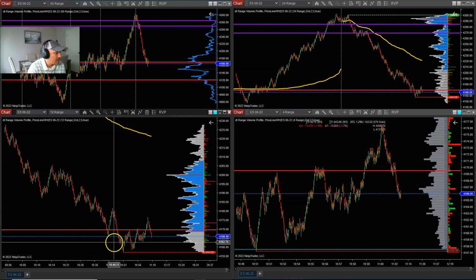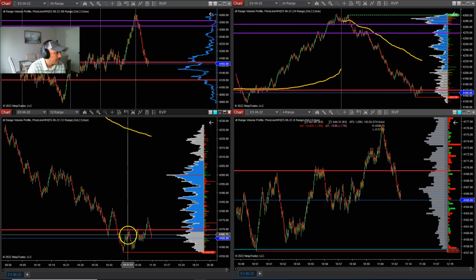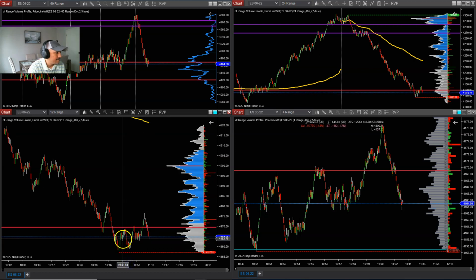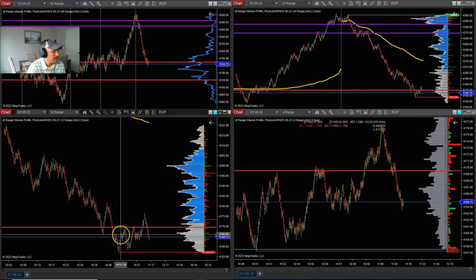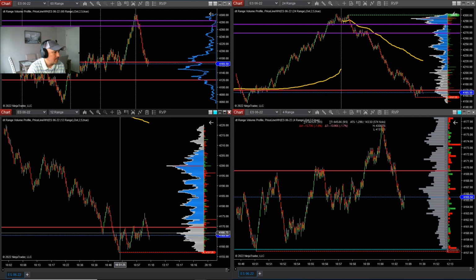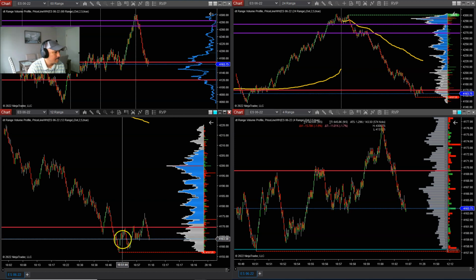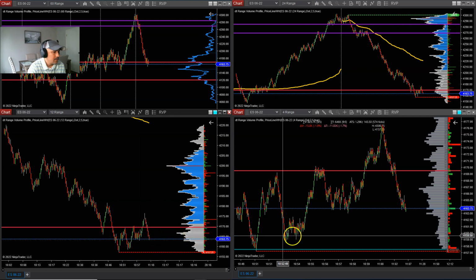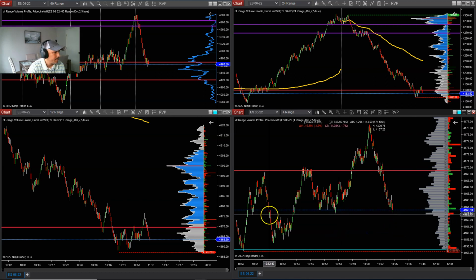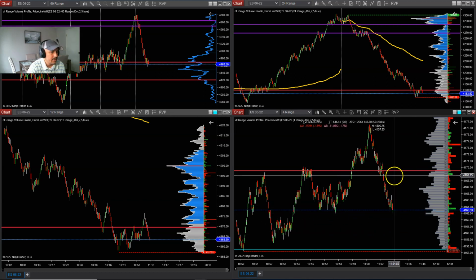So, let's see. It may be trying to break lower. Maybe trying to push lower here.